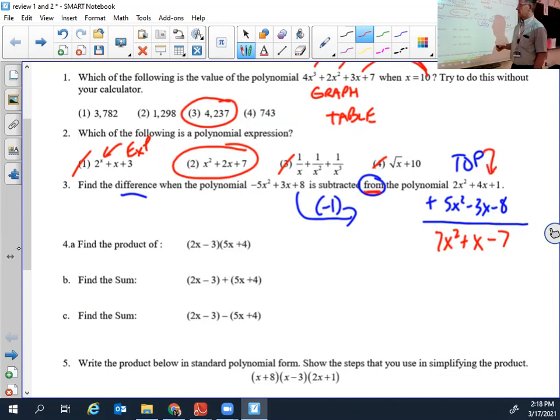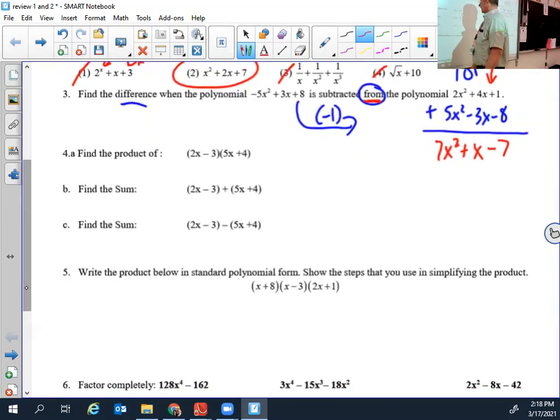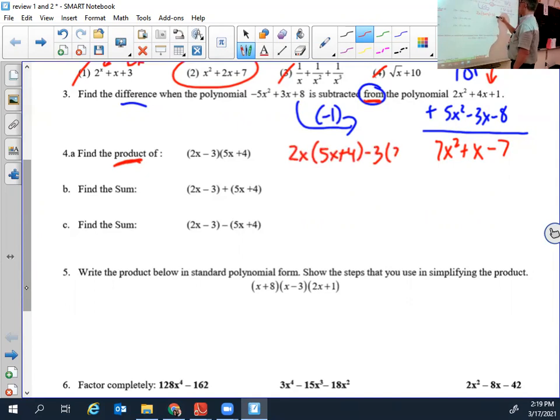All right, next one, we have 3 problems, and they're using the same binomials for each one. The first one is to multiply, because there's nothing between it. So this is product, that means to multiply. So I'm going to do 2x, and then the 5x plus 4, and then the minus 3, and the 2x plus 4.